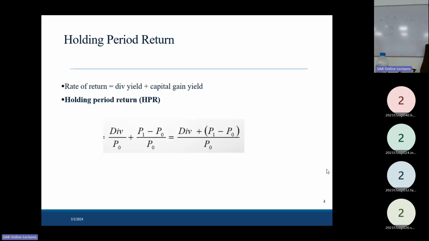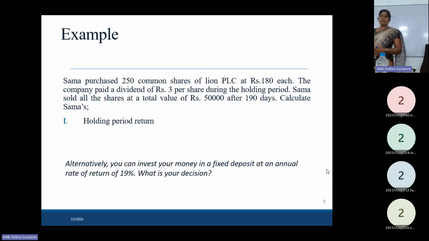So let's go to the example. I think it is not very difficult. Sama purchased 250 common shares of Lion PLC at 180 rupees each. The company paid a dividend of 3 rupees per share during the holding period.